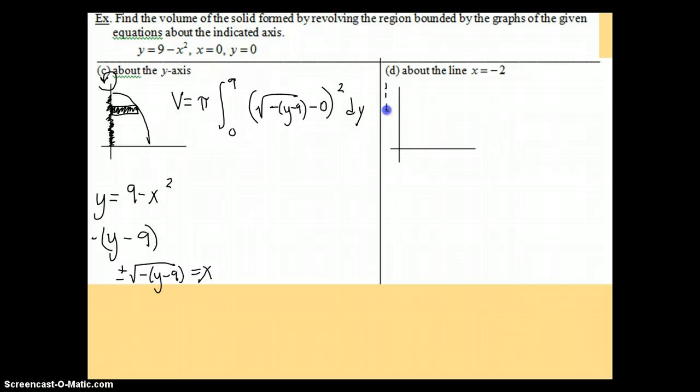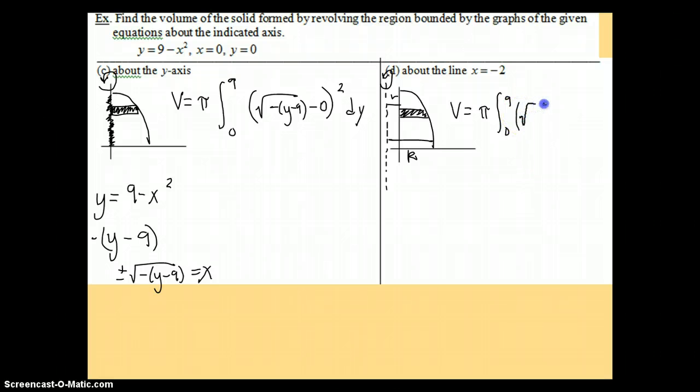We're going around the line x equals -2 in this one. Same region, same representative rectangle as part C. This time we got a hole in this, though, so we need big R and little r. So our volume is going to be pi from 0 to 9 of big R squared, which has to be in terms of y.